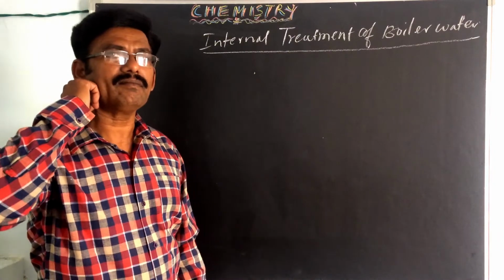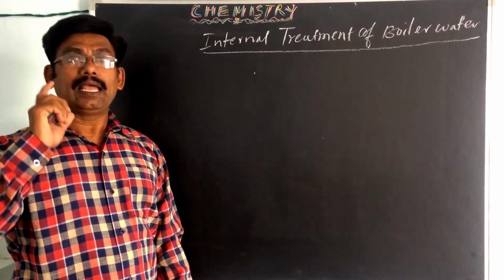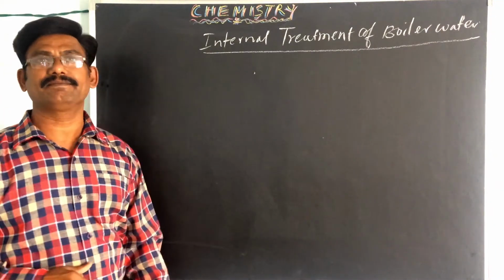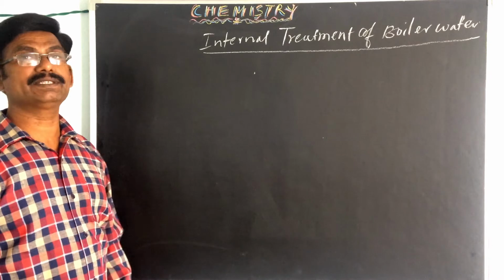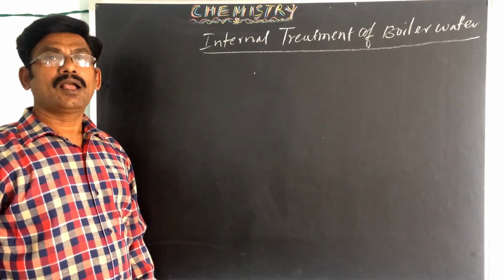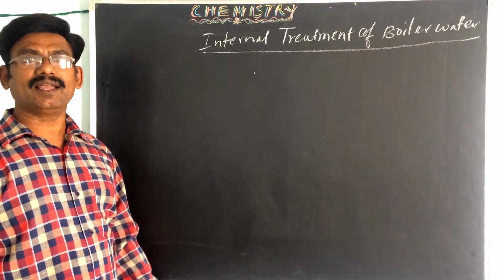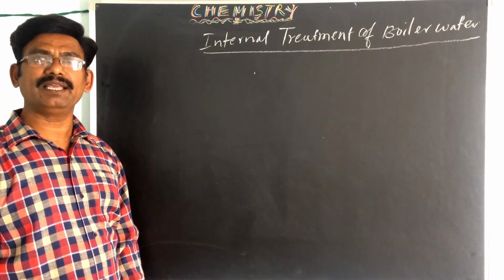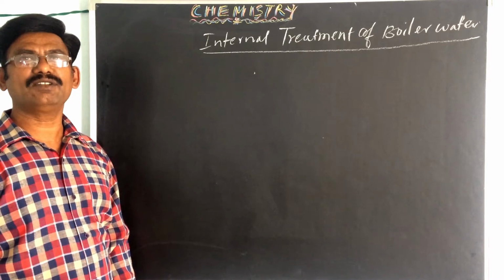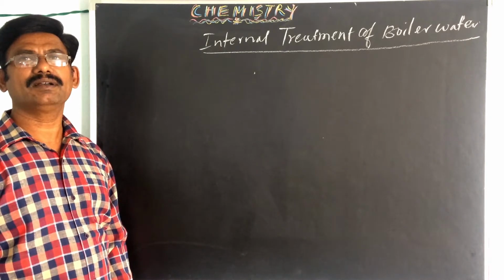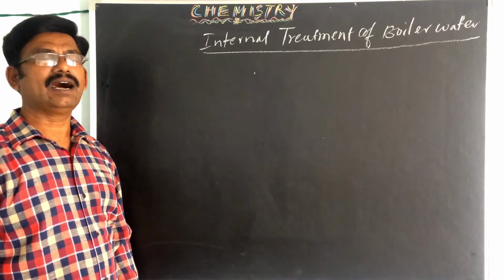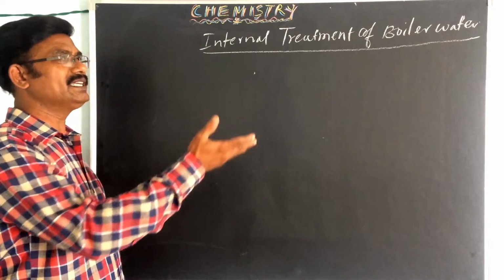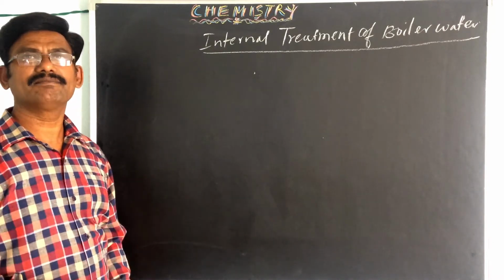But it involves the removal of scale forming substances, which are not completely removed in the external treatment, or just by the mechanical method, brushing, or 10% HCl, like that.